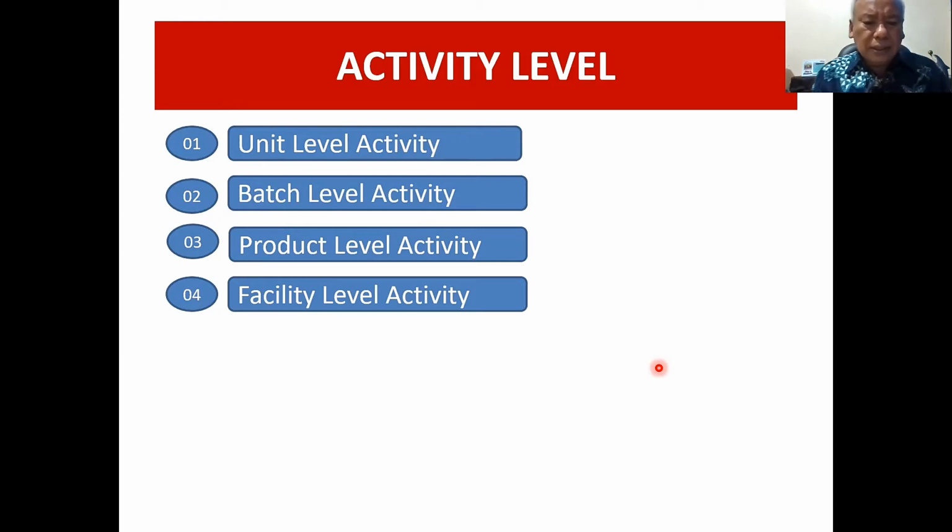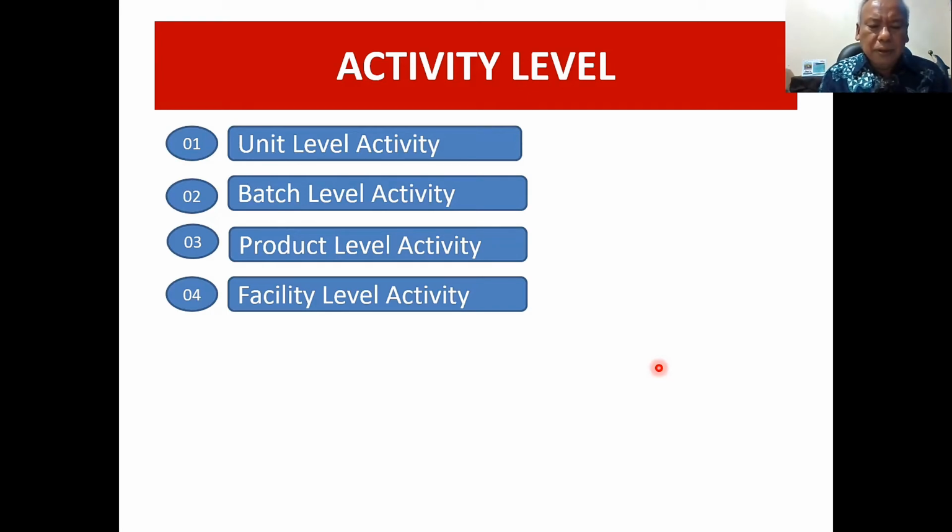So providing fuel is a batch level activity. And then the next activity level is the product level. What does product level activity mean? The activity is performed to sustain the product. What are examples? For example, advertising. The product level activity cost will be influenced by the number of product lines.